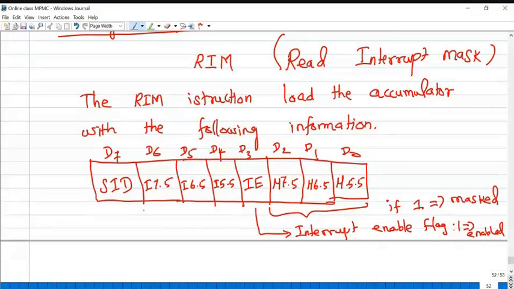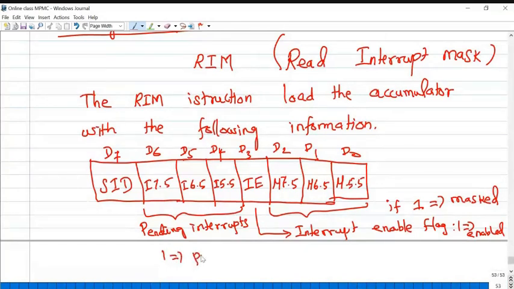And these 3 positions indicate the pending interrupts: D4, D5, D6 for RST 5.5, 6.5, 7.5. A 1 represents that the interrupt request is pending, yet to be serviced by the microprocessor. The last one is serial input data.